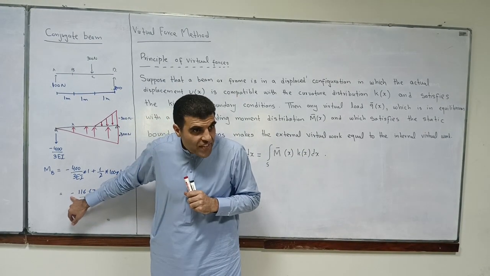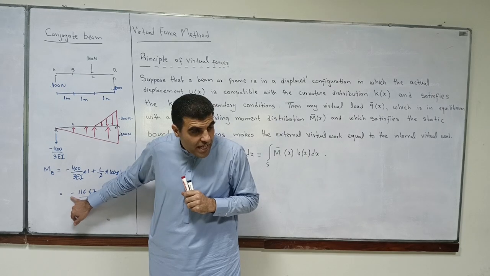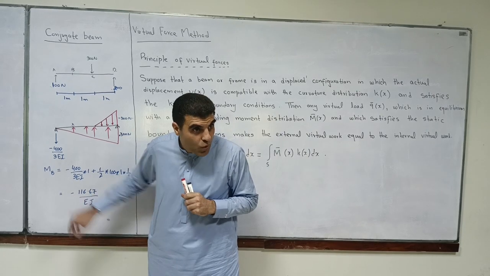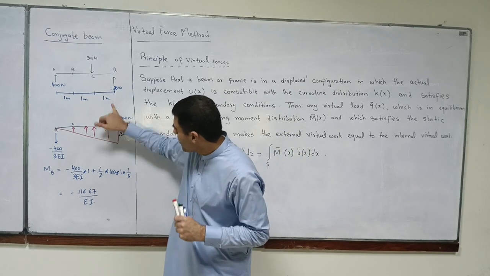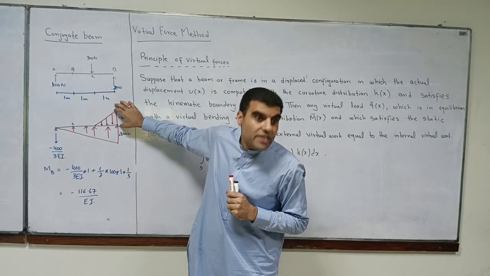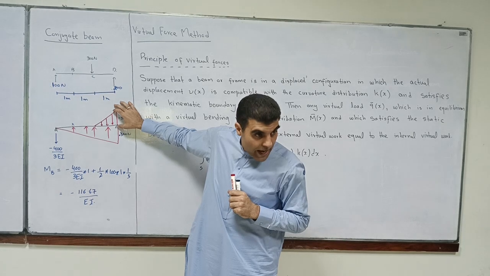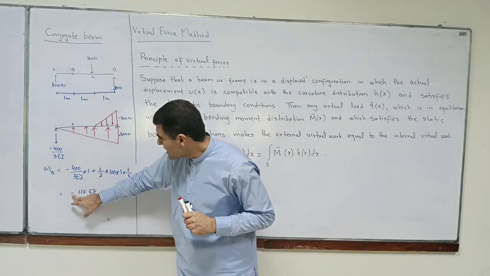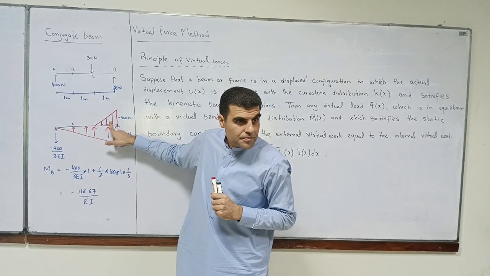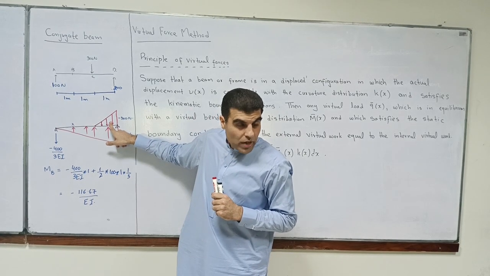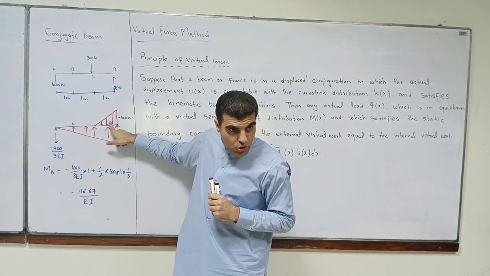What does this negative mean? This negative means that the deflection is downward. In other words, the deflection is in the direction of this force, which is due to the negative moment. So the deflection is negative because it is in the direction of this one. This you have to make sure.